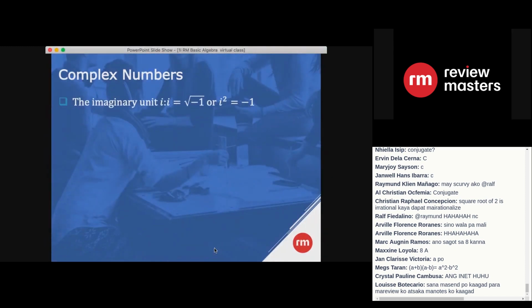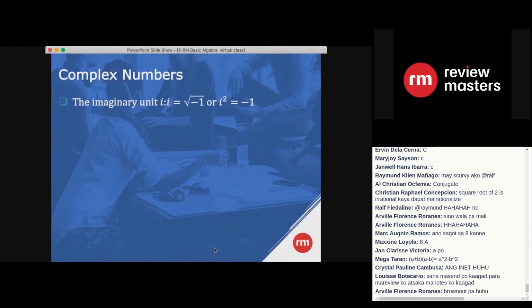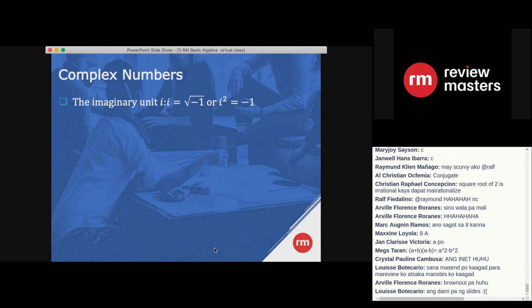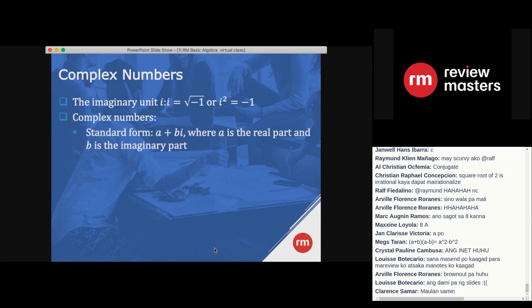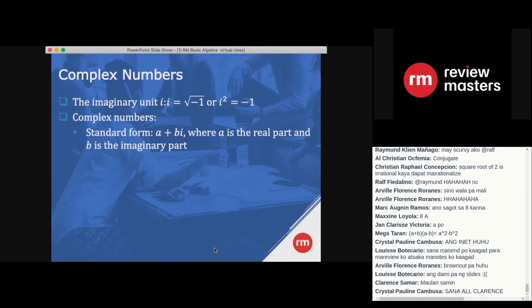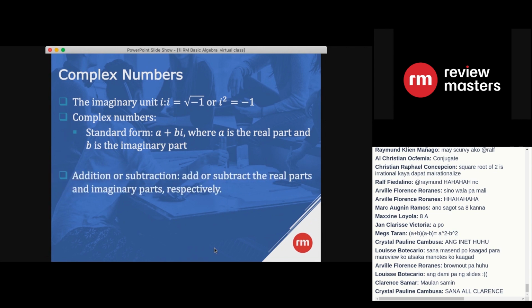Complex numbers. The imaginary unit i is equal to the square root of negative 1, or i squared is equal to negative 1. The standard form is a plus bi, where a is the real part and b is the imaginary part because of i. Addition or subtraction: add or subtract the real parts and imaginary parts respectively.